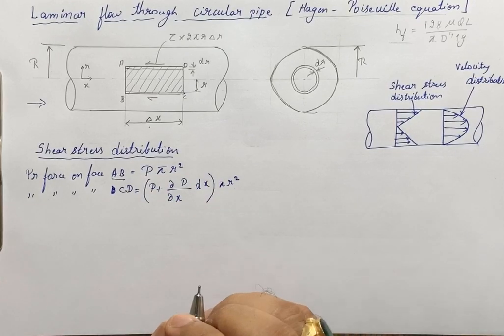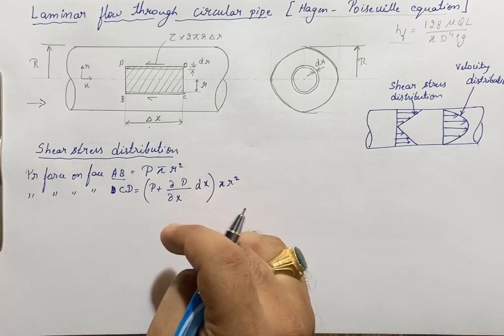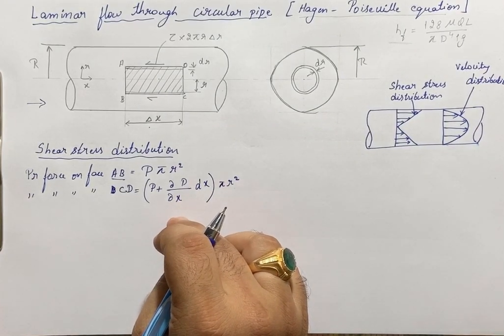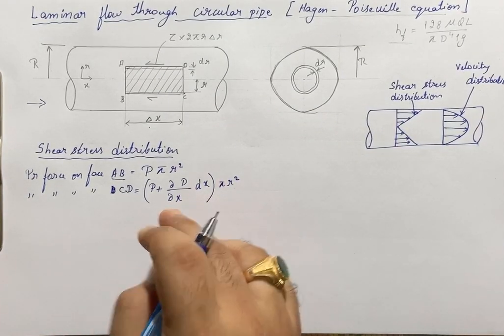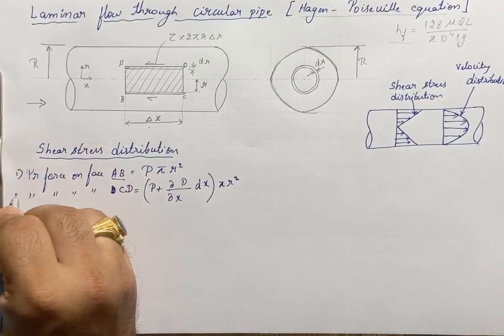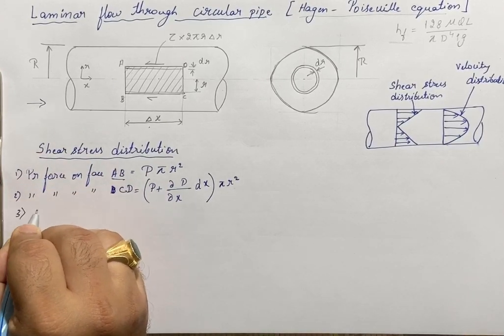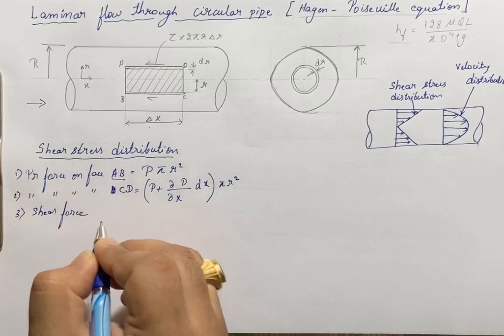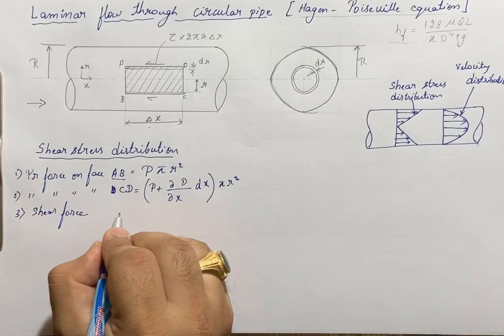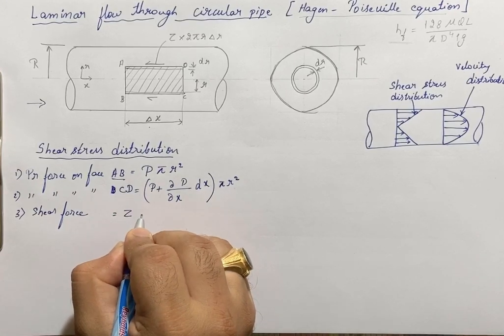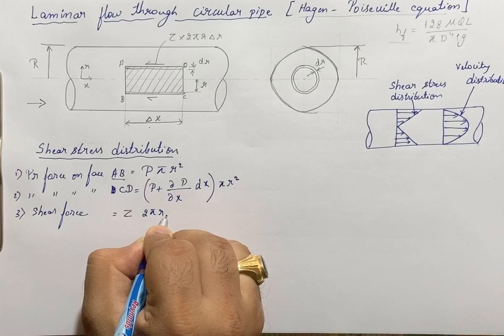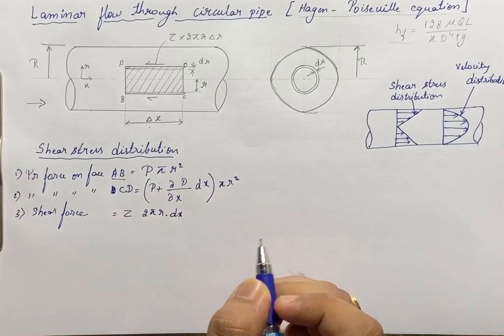These are the two forces acting on the fluid element, and one more force is the shear force. The first force and second force are the pressure forces, and the third force is the shear force, which is tau into area 2 pi r into dx.